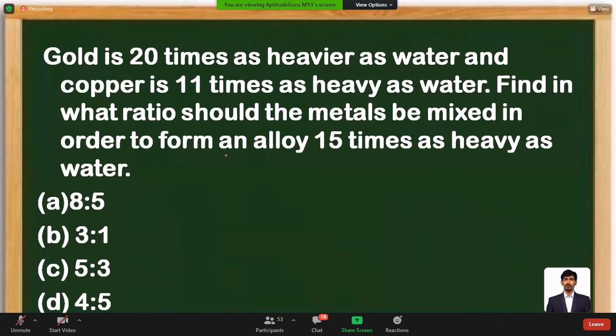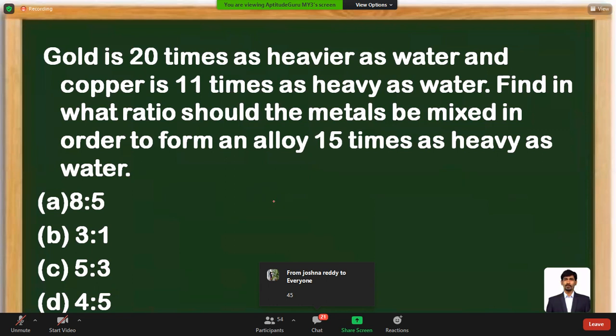Gold is 20 times as heavy as water. Copper is 11 times as heavy as water. Find in what ratio these two metals are mixed so that the alloy is 15 times as heavy as water.